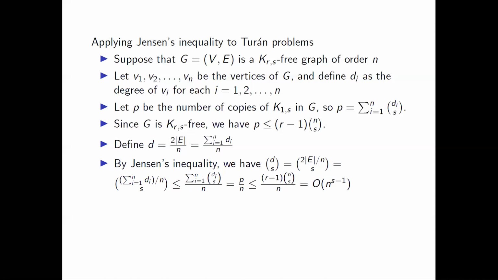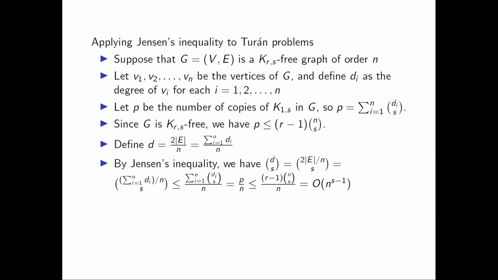Using the fact that the function x choose s is a convex function, that was the problem on the previous slide at least, we can conclude that the sum from i equals 1 to n of di divided by n, choose s, is less than or equal to the sum from i equals 1 to n of di choose s, all divided by n.